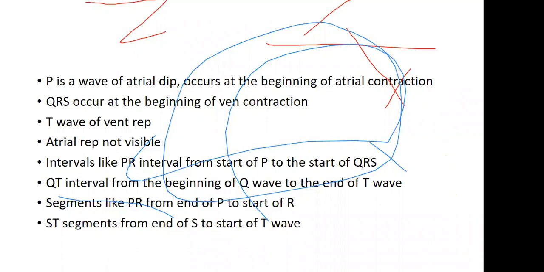ischemia of the heart occurs, ischemia means deficient blood supply to the heart. Whenever there is ischemia, which is also commonly called heart angina or heart attack, when the blood supply gets decreased to the heart, this ST segment goes up or goes down, and it changes its original isoelectric point.